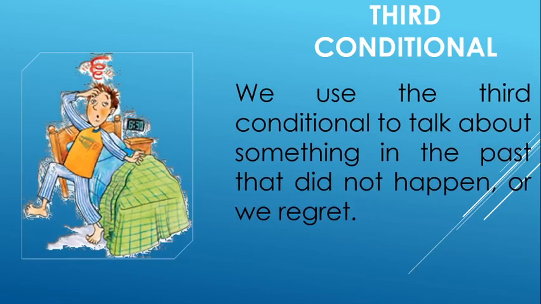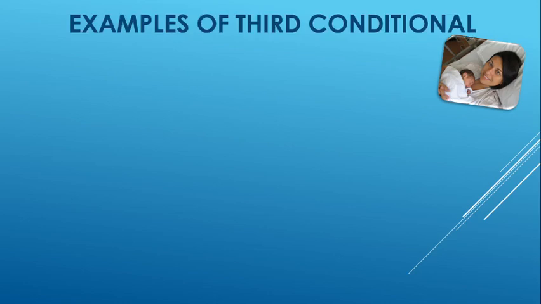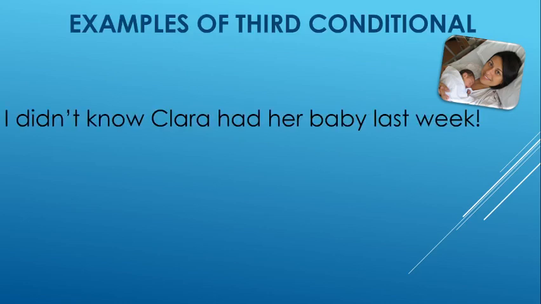Now we have the third conditional. The third conditional refers to an action that is in the past and sometimes we regret, right? And of course, it's not real. Look at this example. I didn't know Clara had her baby last week.